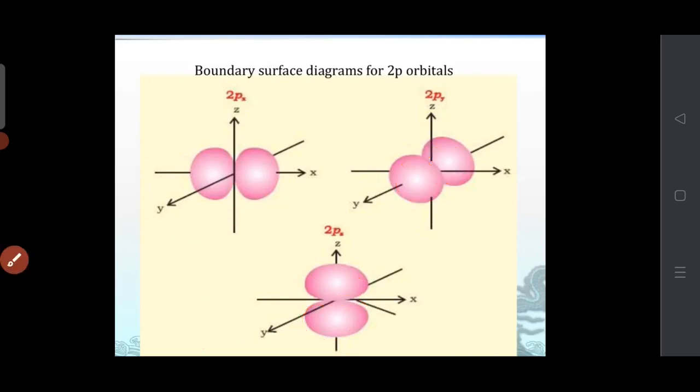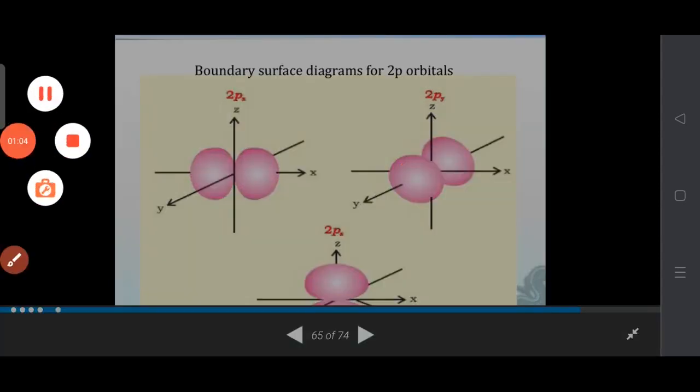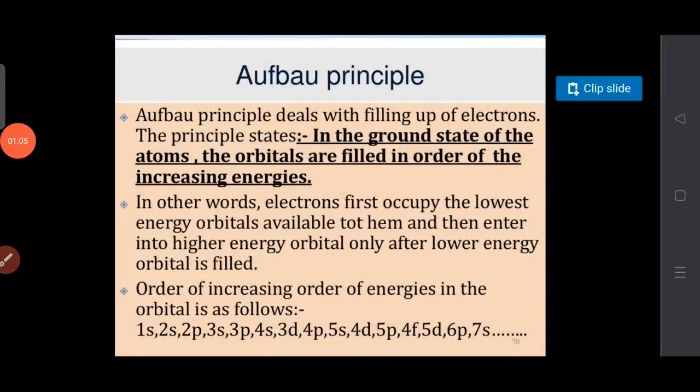So, next we will see that for making the electronic configuration we have to know some principles or laws. So, the first one is the Aufbau principle. We cannot use the orbitals without considering their energy level. Okay.